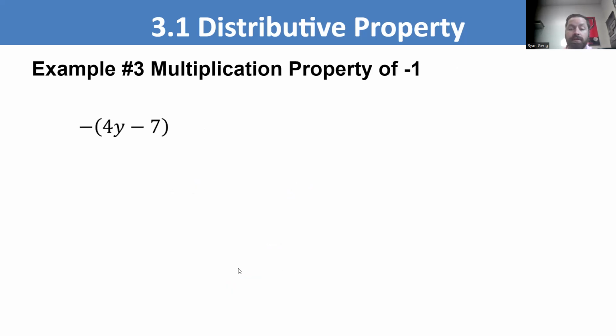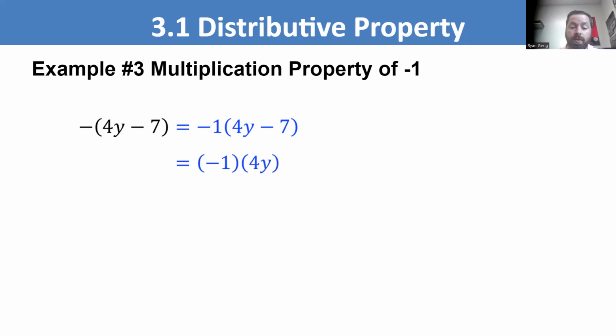Another thing that students have trouble with is this multiplication of -1. It doesn't look like this is a -1, it just looks like a negative sign, but in reality, that's a -1 in front of the parentheses. And we have to distribute that -1 to both the 4y and the -7. Now, I want you to get used to looking at this number as a negative 7, not as a subtract 7. If you can do that, it's going to simplify things quite a bit. So -1 times 4y minus 7.